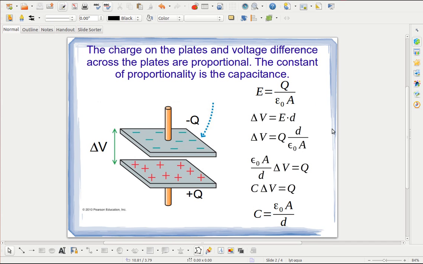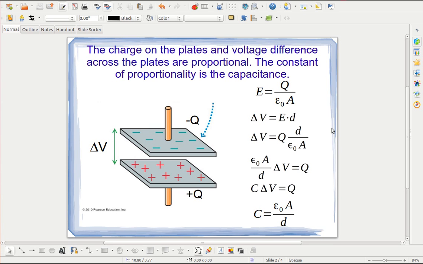So when we have two parallel plates, there's a relationship between the charge on each plate, the electric field that's present, the distance between the plates, and the voltage difference between them. So I want to lightly walk through these equations. The top equation here represents the electric field that exists between the plates.